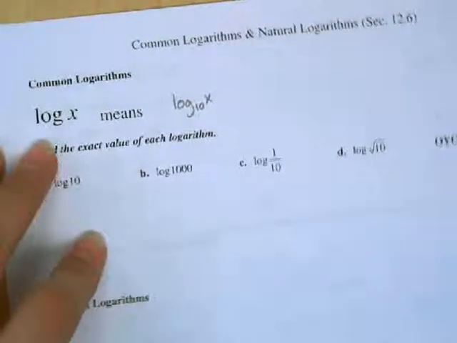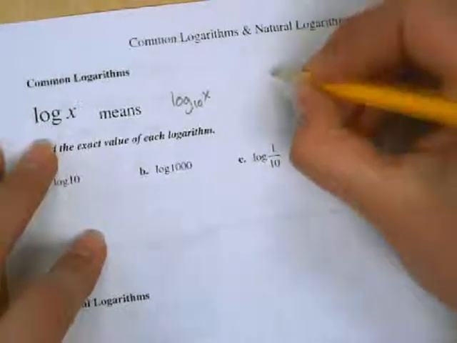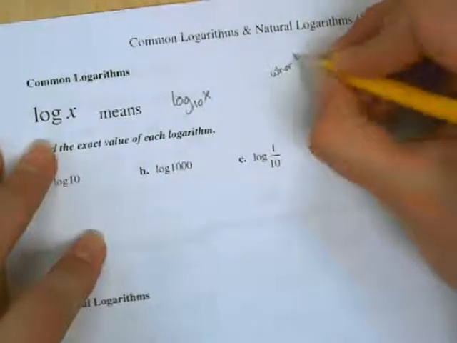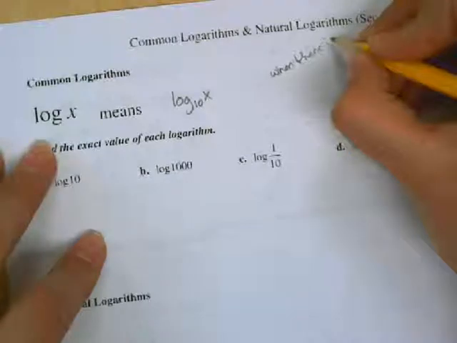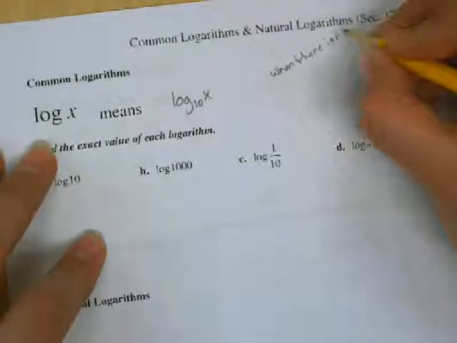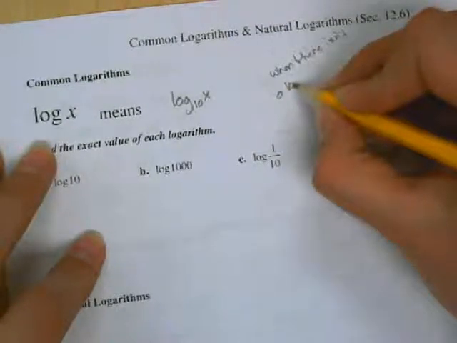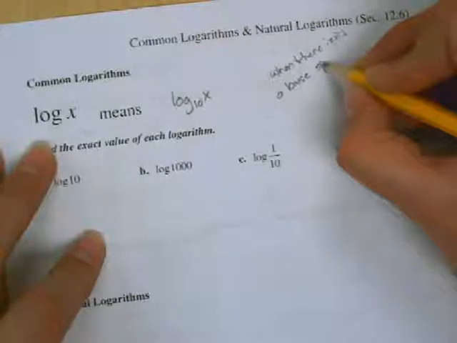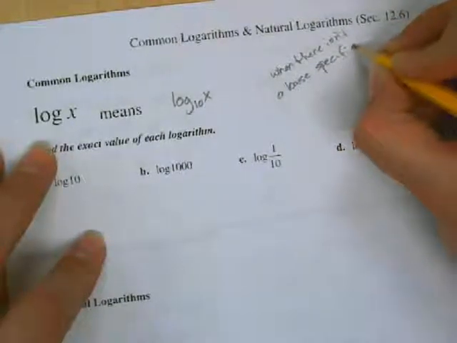So when there isn't a base specified, and you might want to make a note of this, we assume it to be 10.